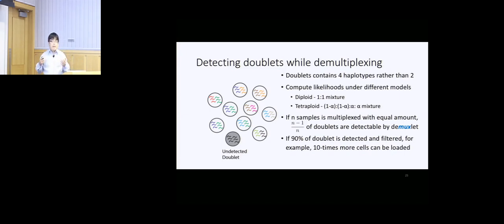So if you have n samples, let's say 10 samples, then 90% of doublets should consist of 2 different individuals. So if you can detect doublets this way, you can get rid of 90% of doublets.